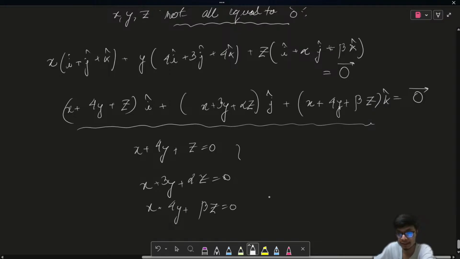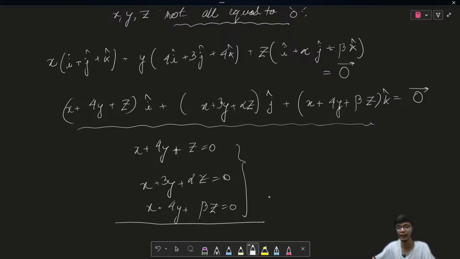Now from here, this is a question of a set of linear equations, right? If I have three linear equations and all of them are equal to 0, one of the trivial solutions will be x, y, z all equal to 0. However, we don't want x, y, z to be equal to 0.